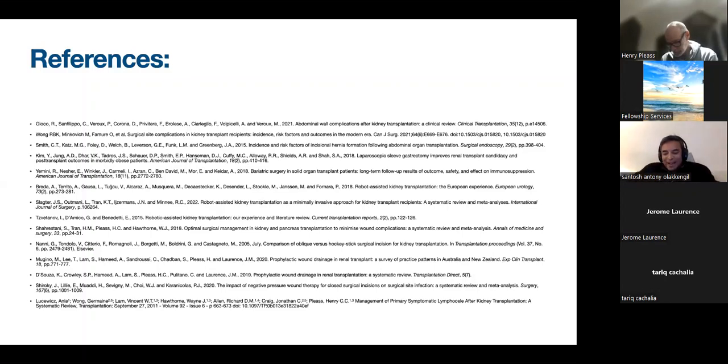Now, from what I've heard so far, I think in our Australian context, at least, the transplants for class 2 and class 3 obese groups are still being done open.